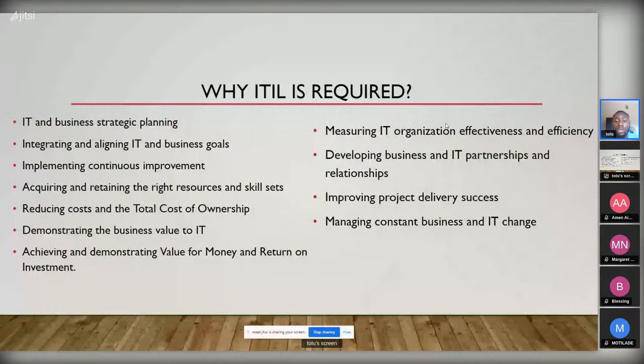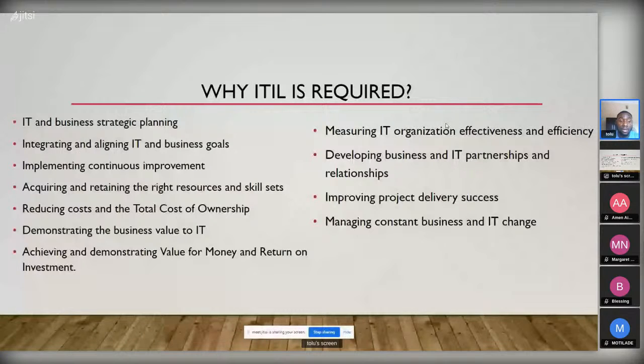So these are the reasons why we need ITIL: for strategy planning, continuous improvement, to demonstrate the business value, and to reduce cost of ownership. A lot more that we have there just to show the reason why ITIL is needed.